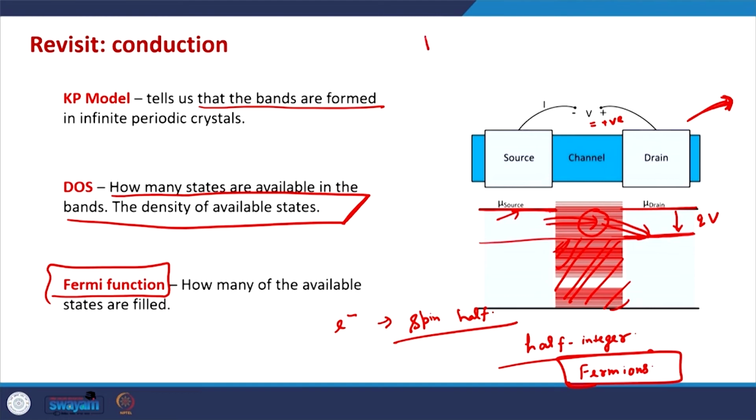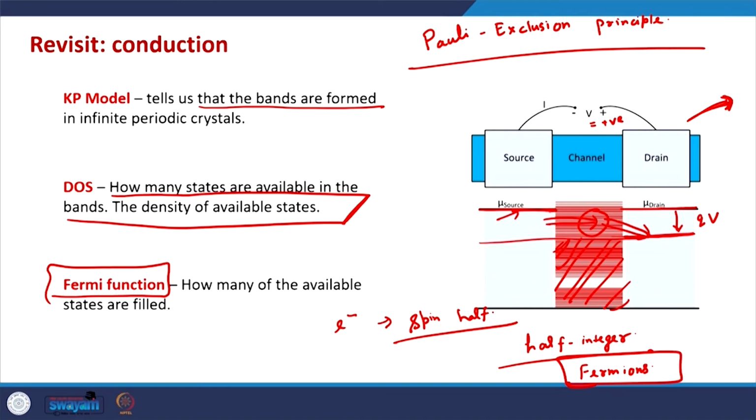On fermions, when a lot of fermions are close to each other, this fundamental principle, Pauli's exclusion principle, applies. What this principle says is that no two fermions can have exactly the same quantum numbers.